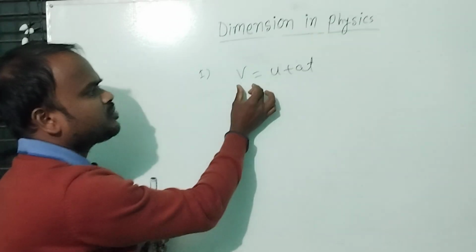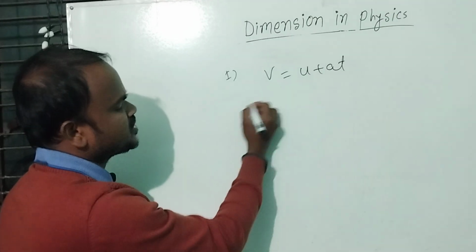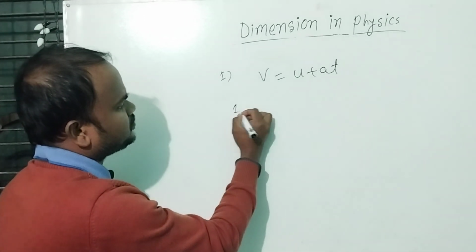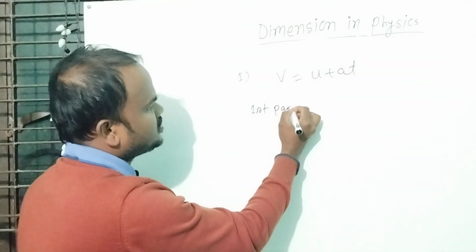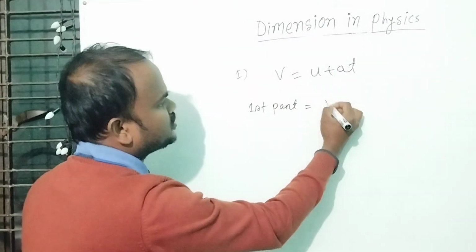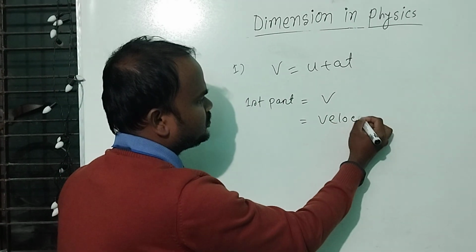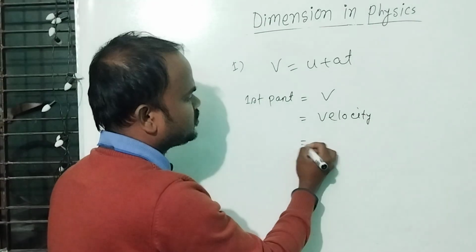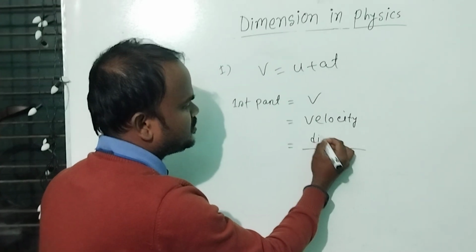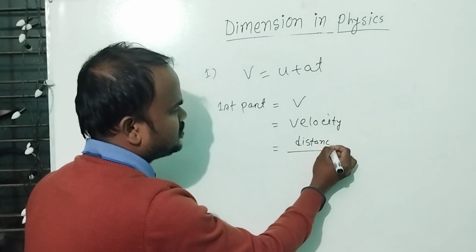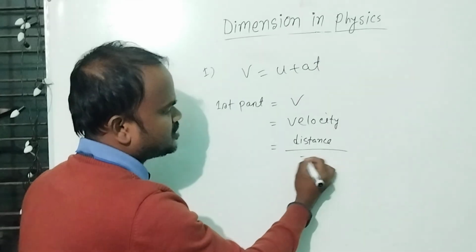So there are three parts of the equation. The first part equals v. So v means velocity. Velocity means distance by time.